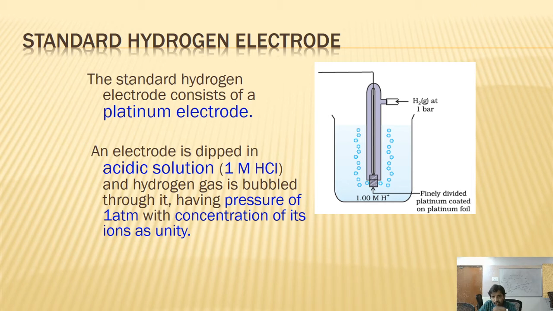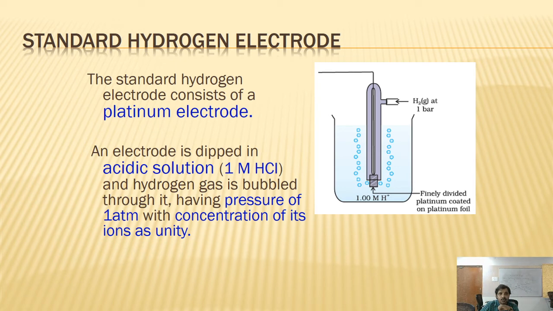Here you can see the platinum rod, platinum wire, and hydrogen gas at 1 bar is supplied into this vessel, the standard hydrogen electrode, and it is dipped in the solution containing H plus ions, maintaining a concentration of 1M, that is acid at 1M concentration.